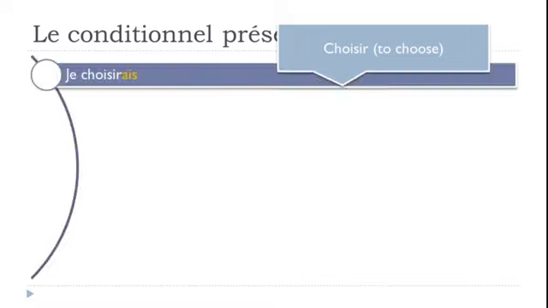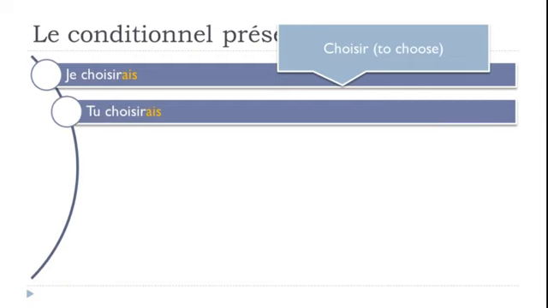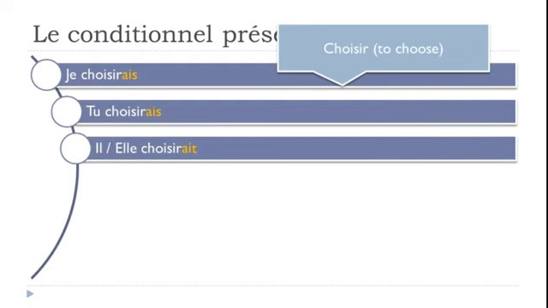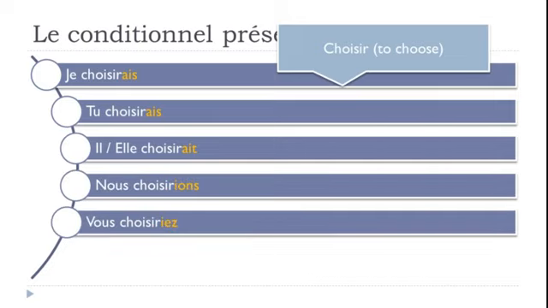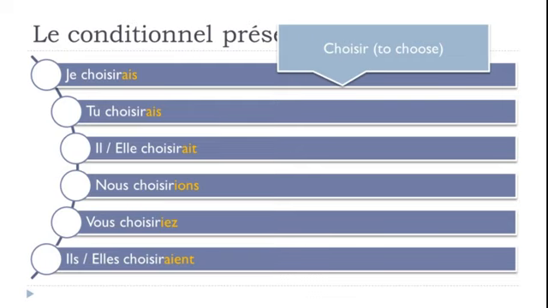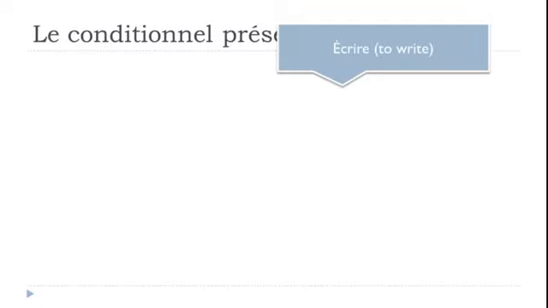Choisir is to choose. Je choisirais, tu choisirais, il choisirait, elle choisirait, nous choisirions, vous choisiriez, ils choisiraient, elles choisiraient.